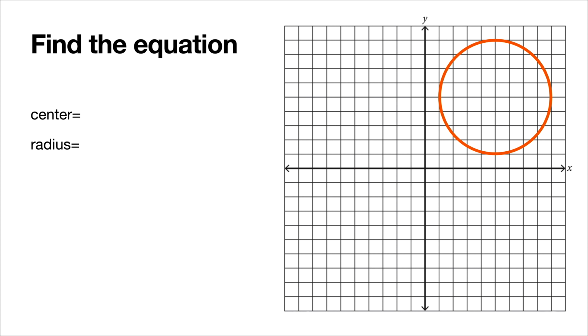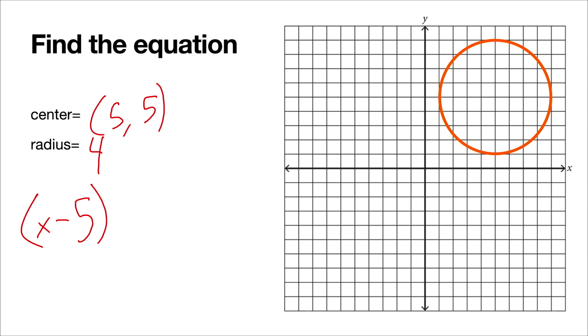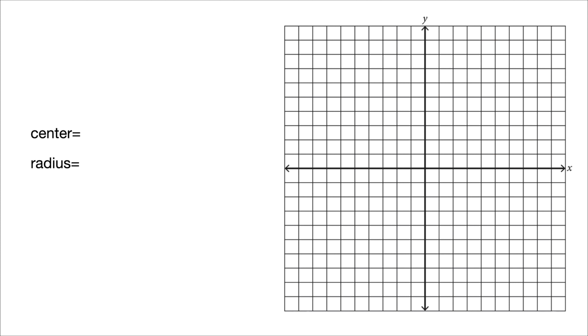So our center in this case is (5, 5). And we've already talked about that the radius is 4. So I just do (x minus the x value) squared plus (y minus the y value) squared equals, in this case, 4 squared, which is 16.